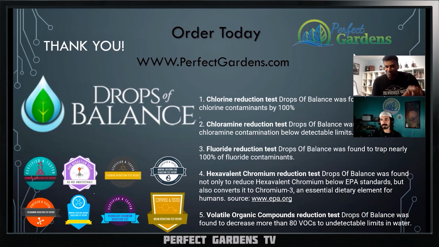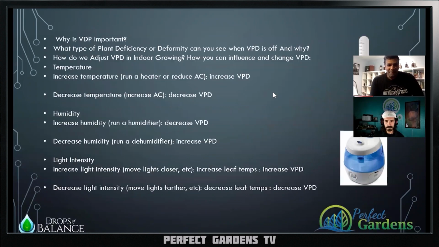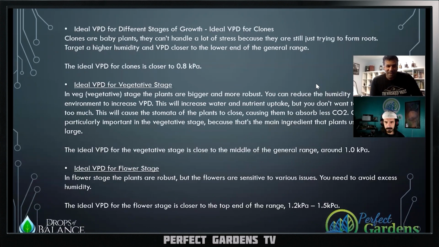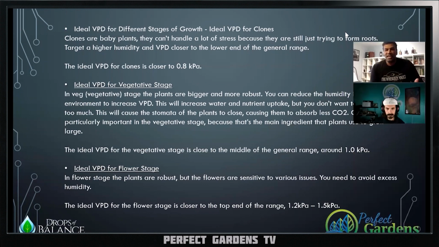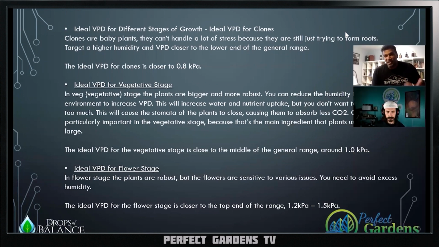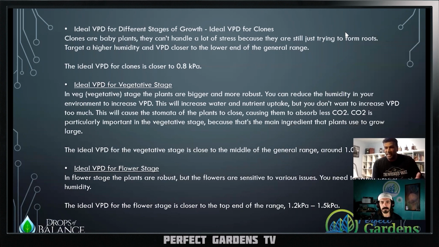It's interesting, because I was reading one of your things. It did mention how the amount of CO2, I think it was something about causing them to absorb less, right? And that CO2 is very important in the vegetative stage. Well, we would argue that CO2 becomes more important in early flowering and flowering, because your light intensity in veg is probably not higher than 600 micromoles per meter squared per second, right?